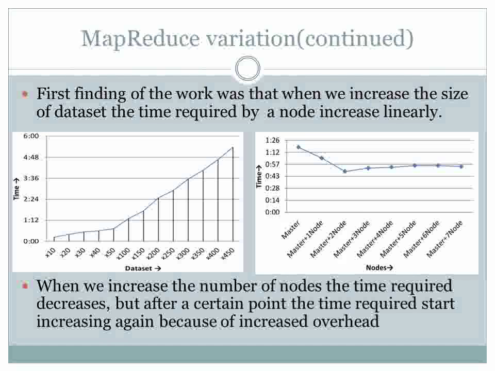Now the graph on the right side shows that when we increase the number of nodes, the time required decreases, but after a certain point the required time starts increasing again, and that is only because of the increased overhead.